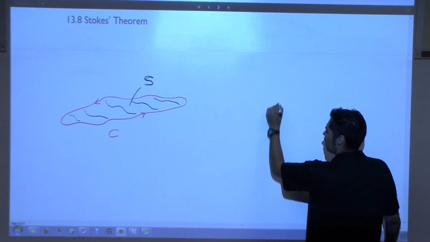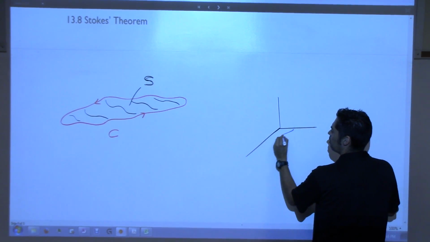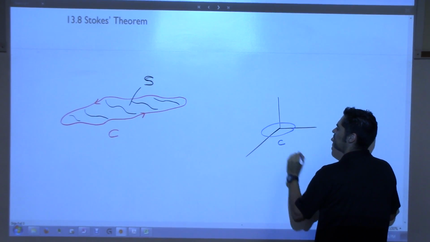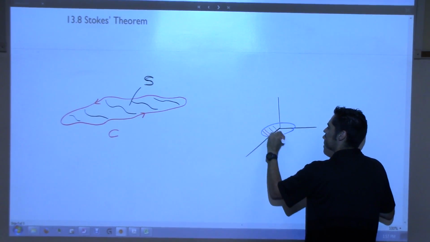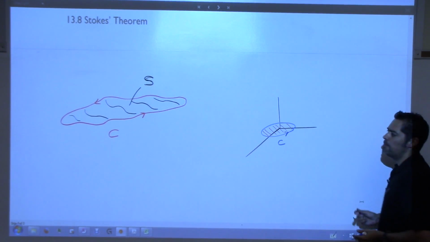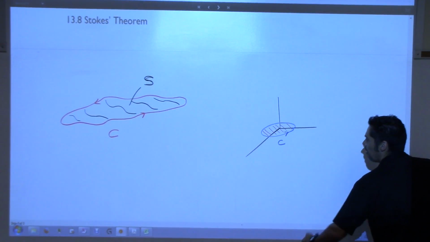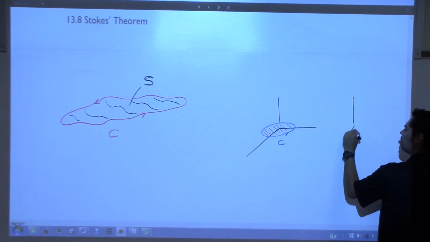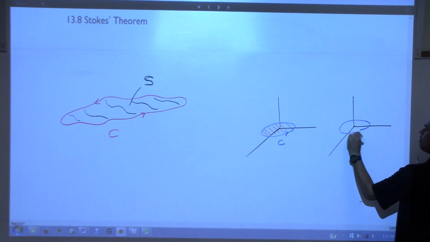Here's the x, y, z. What if I just draw a circle on the ground? Call that C. Then if I just look at the flat disk right there, is that curve C the boundary of that flat disk? Yes, right? But I'd like for you to compare that to this. Same C on the ground, okay?